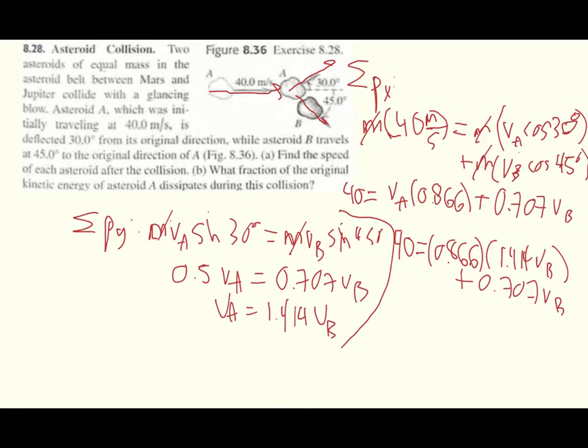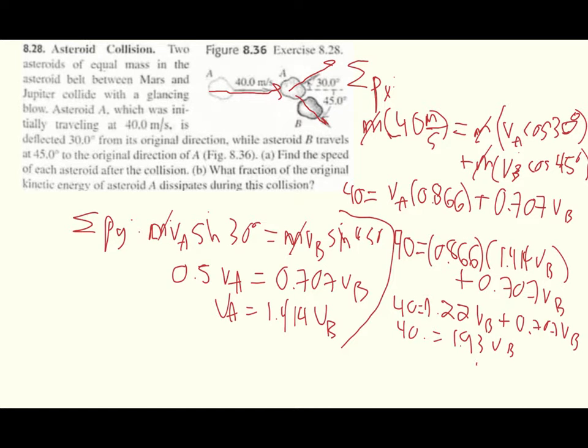If we multiply those out, we get 1.22 VB plus 0.707 VB, so 40 equals 1.93 VB.